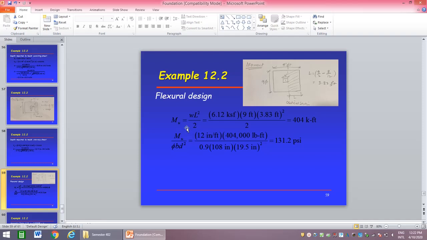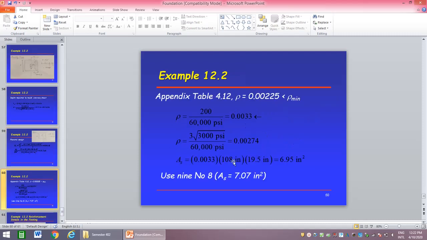Okay, then calculation of moment, you already calculate Mu over phi b d square. So b is 108, means 9 feet. D you know everything, it is coming 131.2. So this means from the figure, if you see here, the minimum reinforcement rho is equal to 200 by fy, that is 0.003.